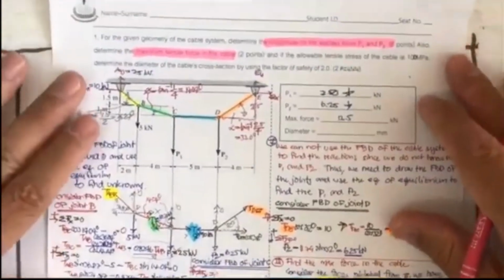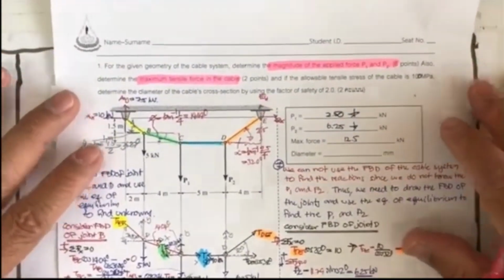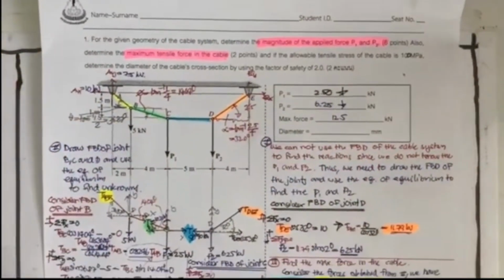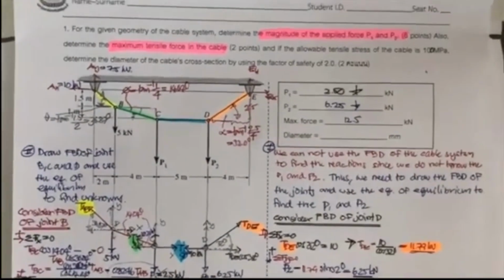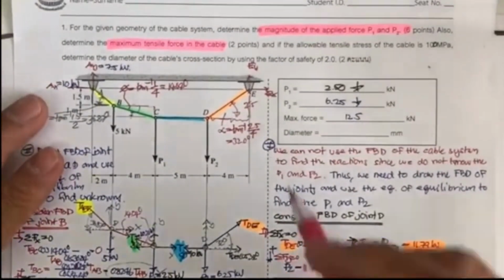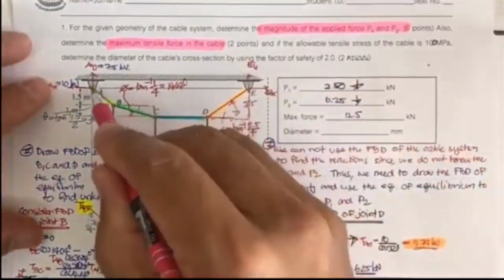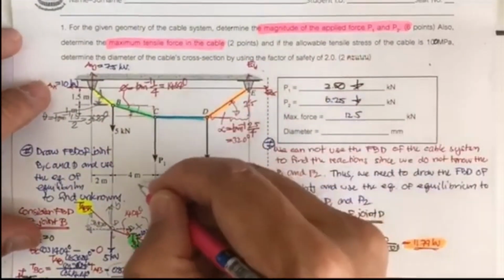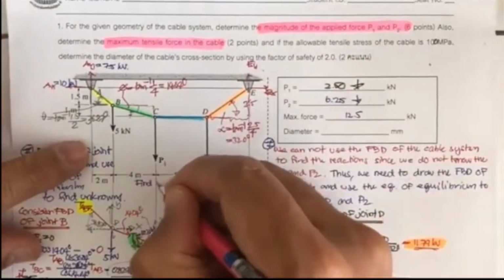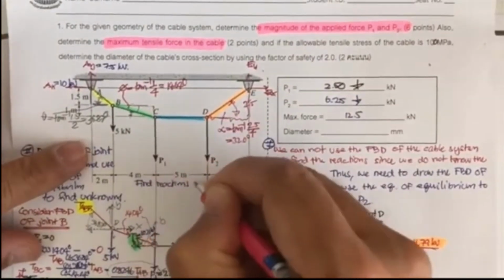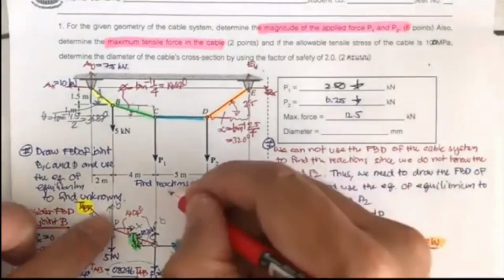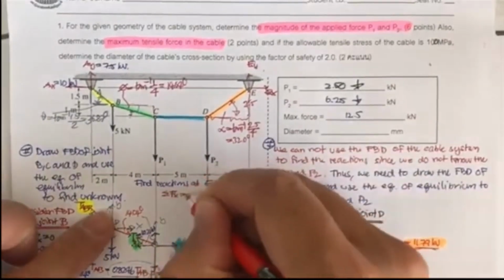Okay, if you consider this, you may see that we can determine the reaction here at E. Then you have summation of F sub x equal to 0.